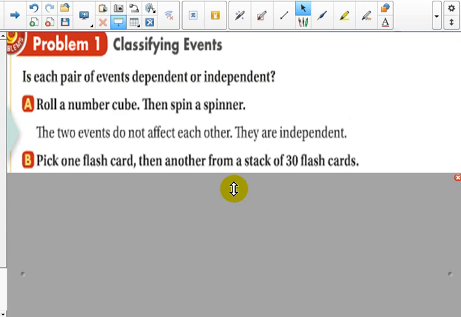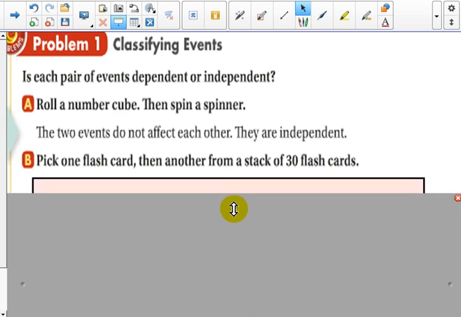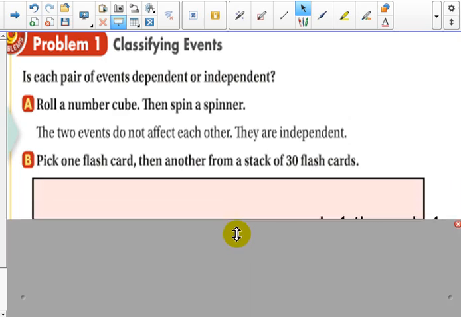Pick one flashcard, then another from a stack of 30 flashcards. Would picking the first card have an effect on what you draw the second time? Think of a deck of cards.